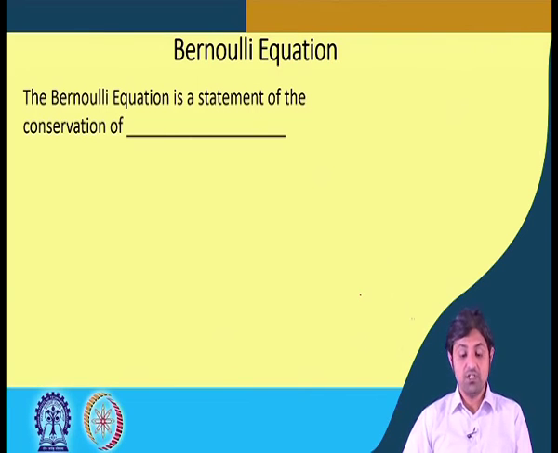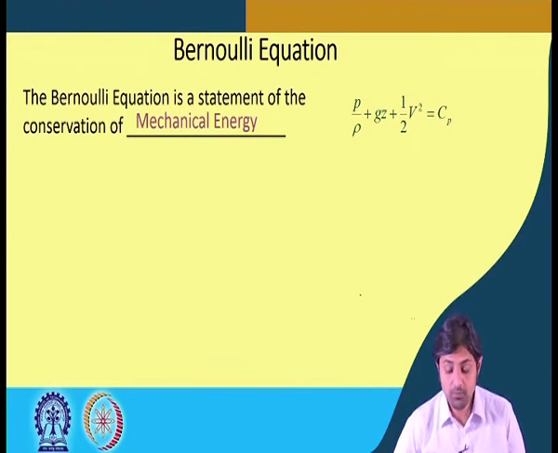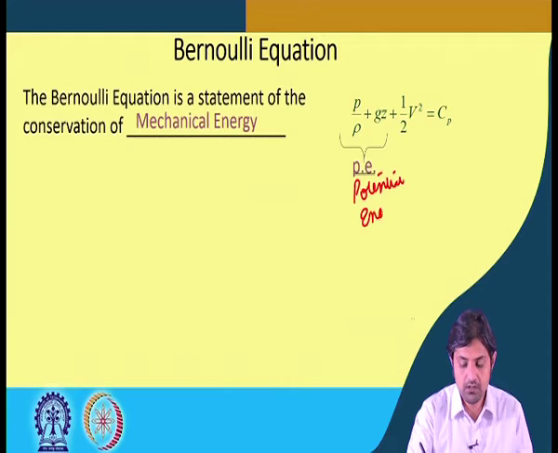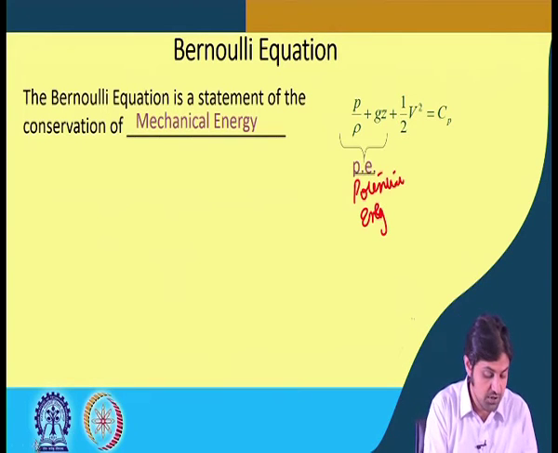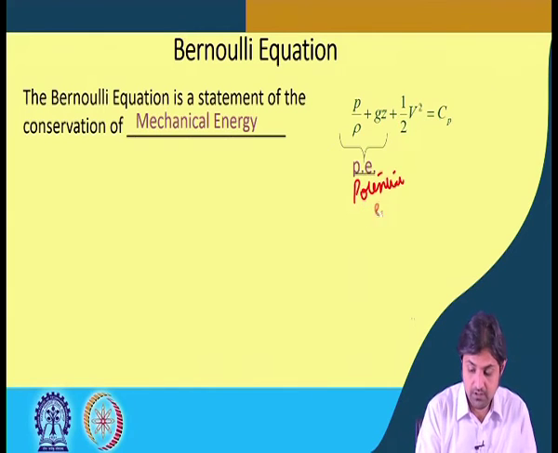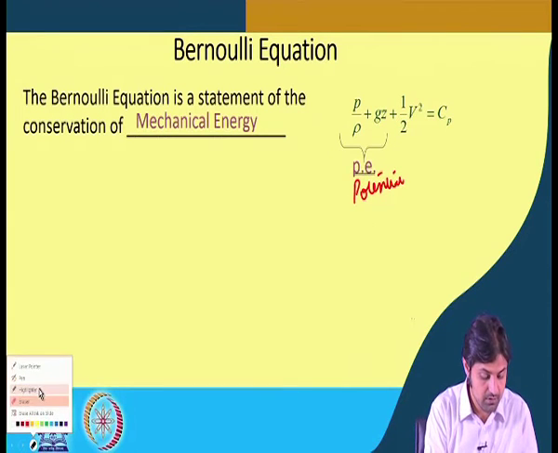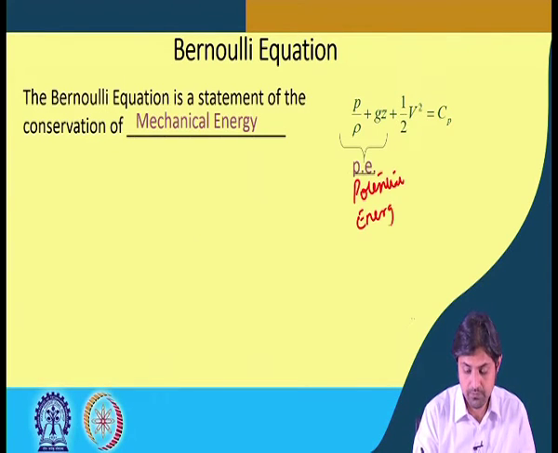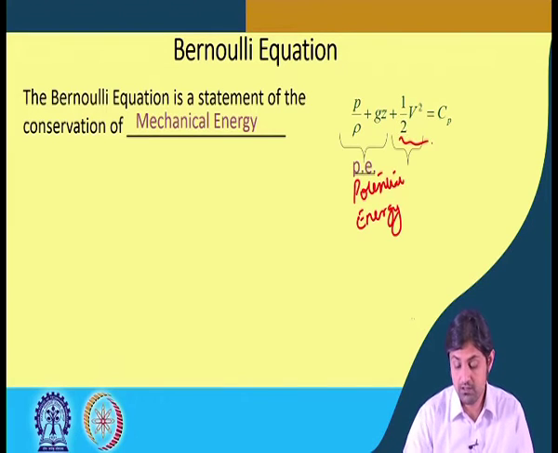Now the Bernoulli's equation is a statement of conservation of mechanical energy. So you see P by rho plus g z plus half V square. So this is potential energy. And this is kinetic energy.